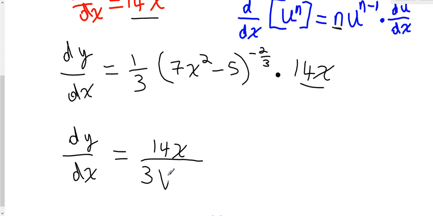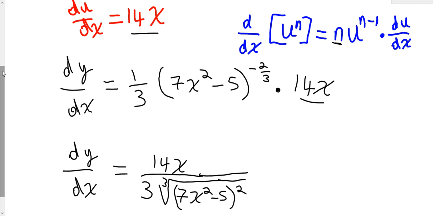So that's the cube root of 7x squared minus 5 quantity squared. All right, so there you have it. That would be the derivative of the original function.